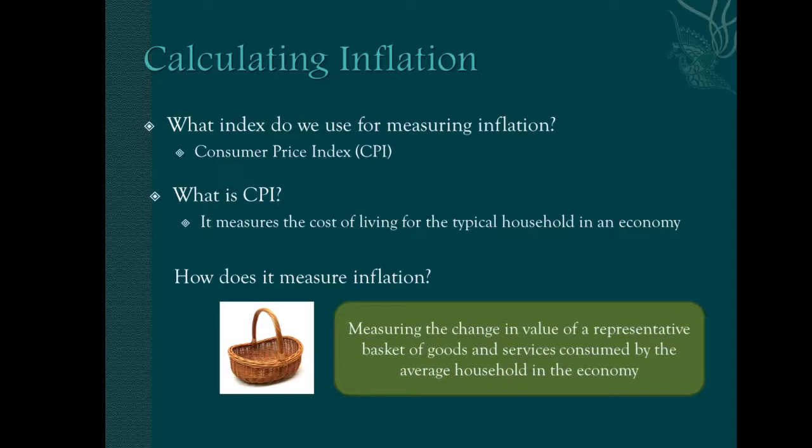There will always be a basket that we are looking at. The government puts the goods and services that they believe the typical household will consume inside that basket, and then they look at the value of that basket to determine if the cost of living is increasing or decreasing. This is what we have learned so far.